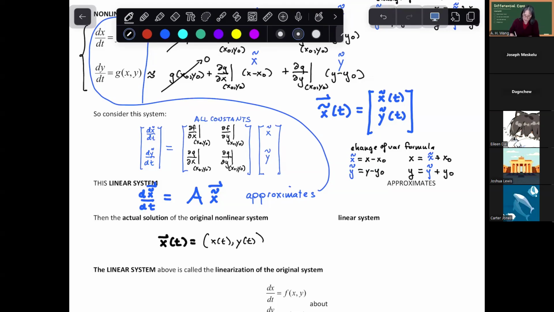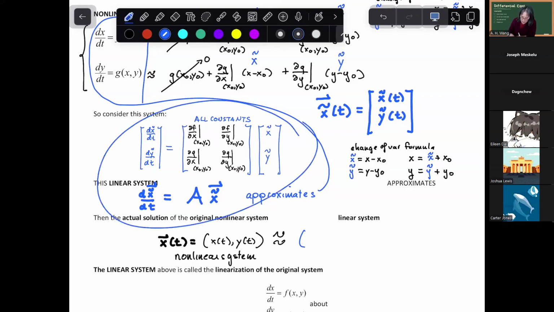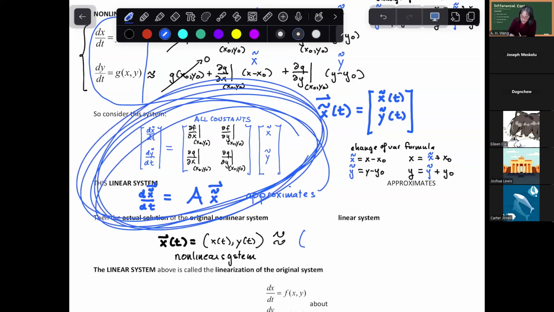Remember, this is not this, right? This is both of them. This is for the nonlinear system, and it is going to be approximated, the hard is going to be approximated by the easy. And look how it works, right? So we want to get this, so we're going to look at this, which you know how to do from chapter 7.